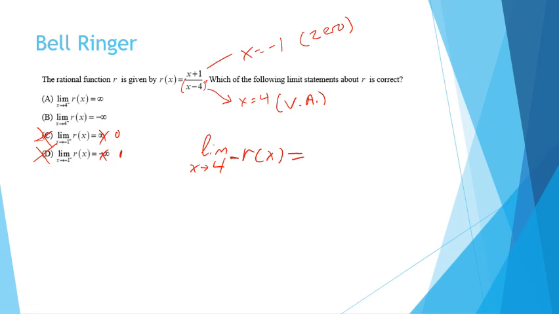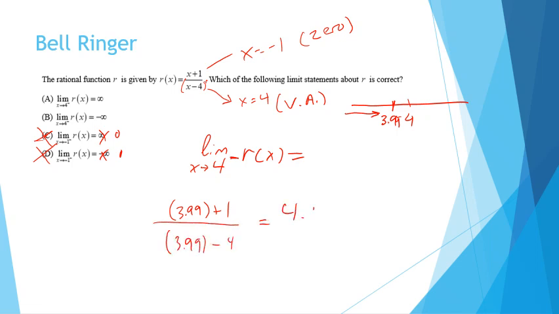And to do that, think about the number line, right? We have 4 here, and as we approach 4 from the left-hand side, we can plug in a number that's pretty close to 4, but a little less than 4. So maybe let's try 3.99, right? If we plug it into the function, we have 3.99 plus 1 over 3.99 minus 4.